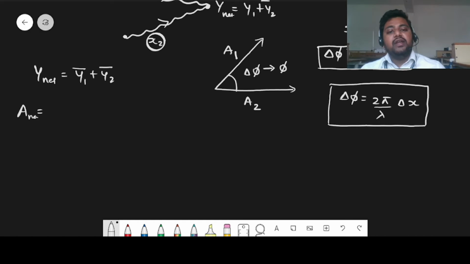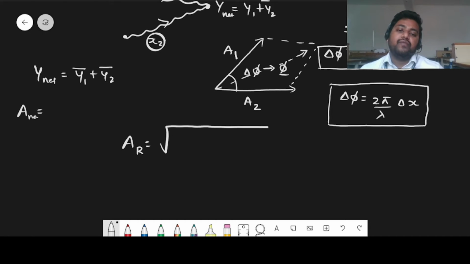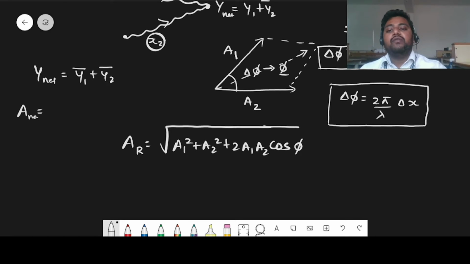Now, since two amplitudes have a phase difference of phi between them, to find the resultant vector, A resultant or A net can be written as the square root of a1 square plus a2 square plus 2 a1 a2 cos phi, where phi is the angle between them. This is the general equation of amplitude.